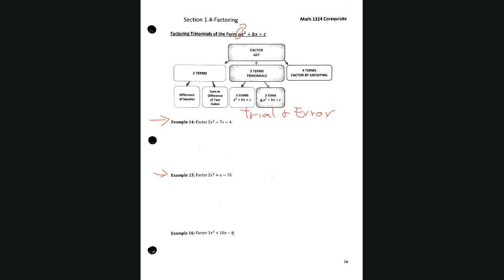So we start by writing our 2 sets of parentheses. Now we have to factor 2x squared, so that could only be 2x and x. Now that is easy because 2 is a prime number, so it's just easy to factor that into 2x and x. But imagine if that was a 6x squared. 6 has several combinations, so it could have been 2x times 3x, or it could have been x times 6x, and then we can also consider both positive or both negative.